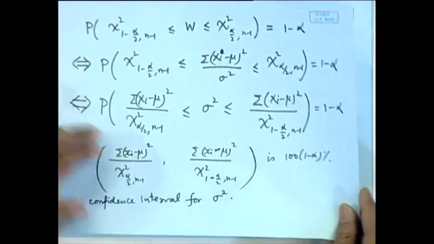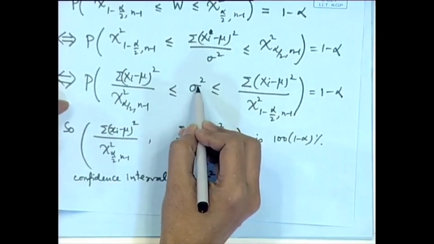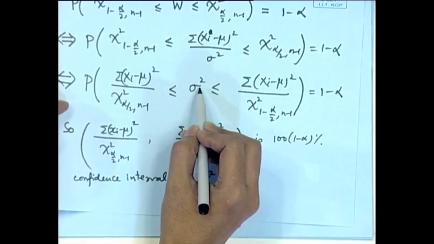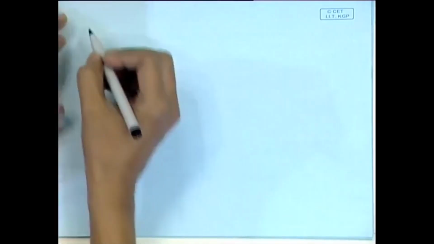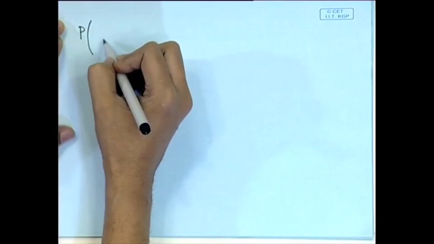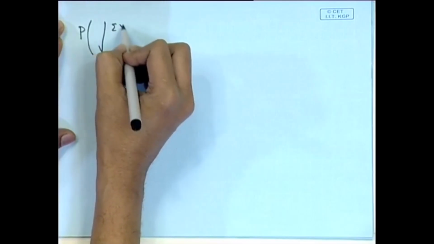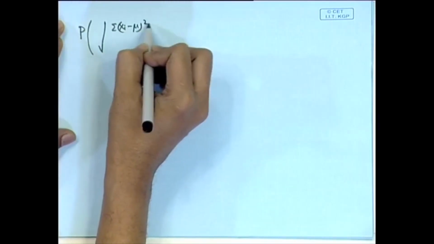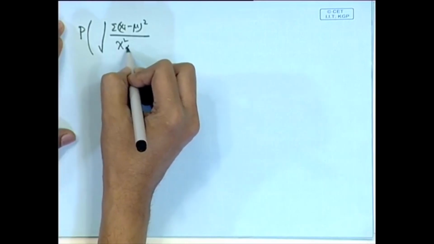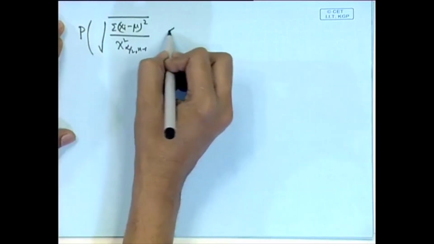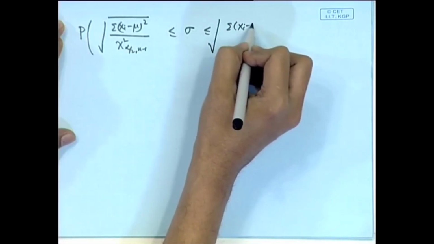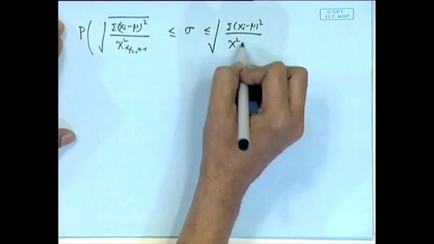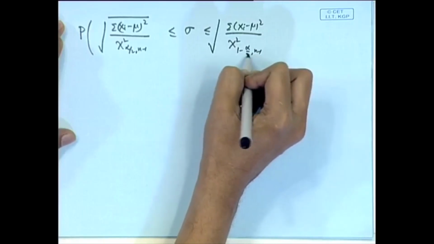Now we observe that this statement can also be written to create a confidence interval for sigma, that is, if you want a confidence interval for the standard deviation. This statement can be written as the probability that the square root of the sum of (x_i minus mu) square divided by chi square alpha by 2, n minus 1 is less than or equal to sigma, which is less than or equal to the square root of the sum of (x_i minus mu) square divided by chi square 1 minus alpha by 2, n minus 1.